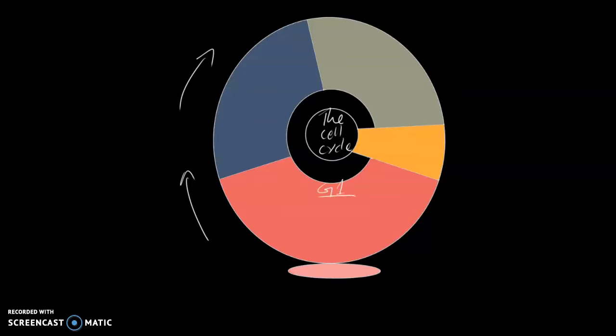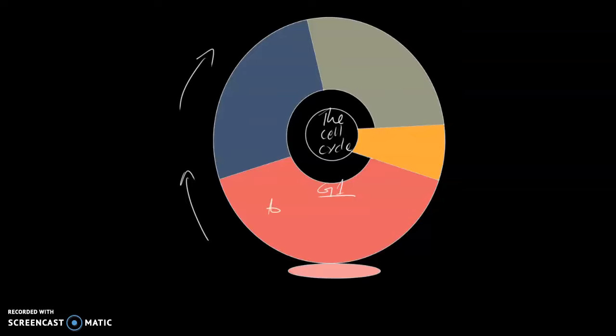At this phase, all of the contents inside the cell start to duplicate themselves. So things such as ribosomes, mitochondria, Golgi apparatus that are in the cell, they will make a copy of themselves. The only things that are not being duplicated are the chromosomes, which are of course inside the nucleus of the cell.